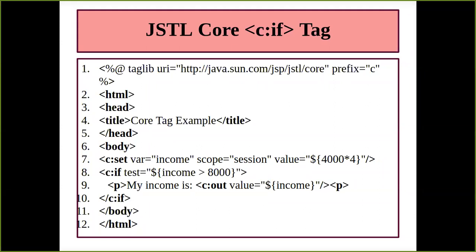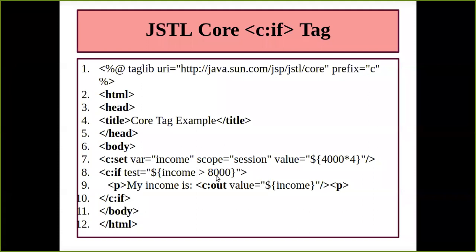Fine. Now we are going to make use of the if tag. So C colon if. We again have an attribute for the if tag, that is test. Here we have an expression language saying that whatever variable we had, that is your income variable, and whatever value this variable is holding, that is 16,000. If this value 16,000 is greater than 8,000, what is going to happen?